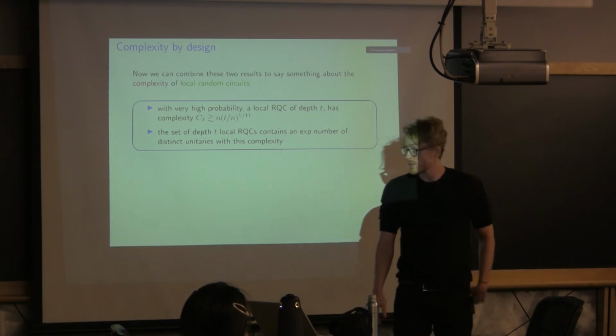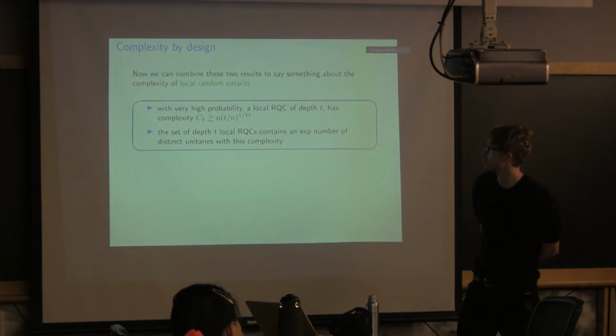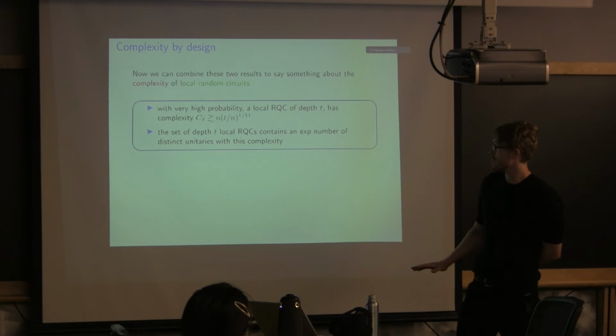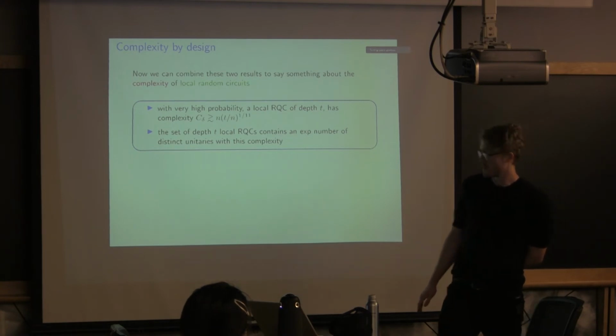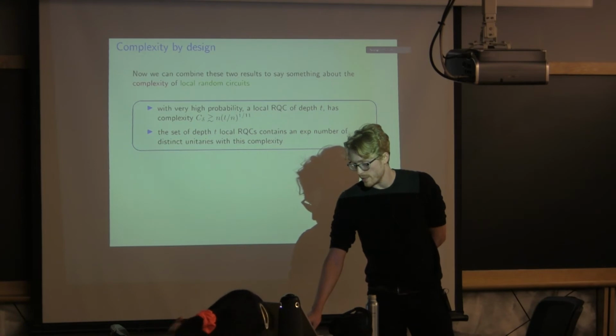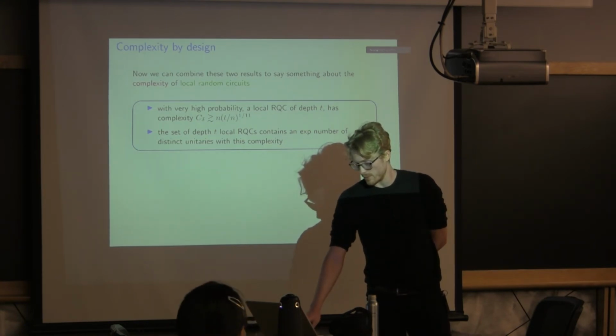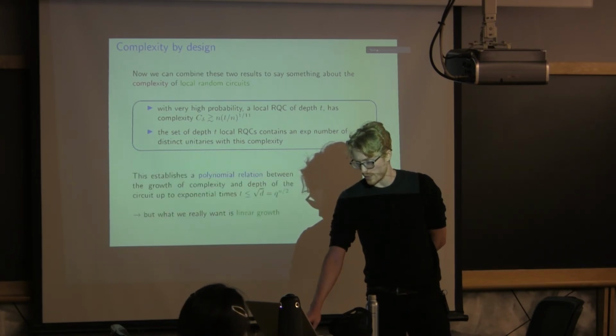So we can combine this to give a statement about the complexity of these local random quantum circuits. With very high probability, a local random circuit of depth t has a complexity scaling basically as this algebraic power of t. And then you can also show that there are a lot of distinct unitaries in the set with that complexity.